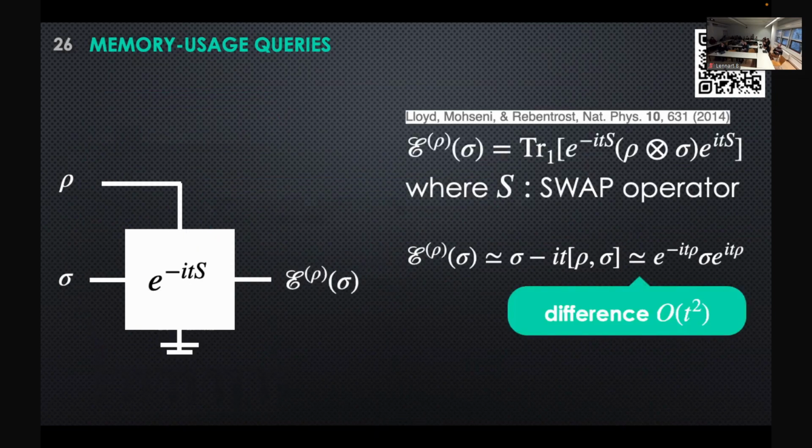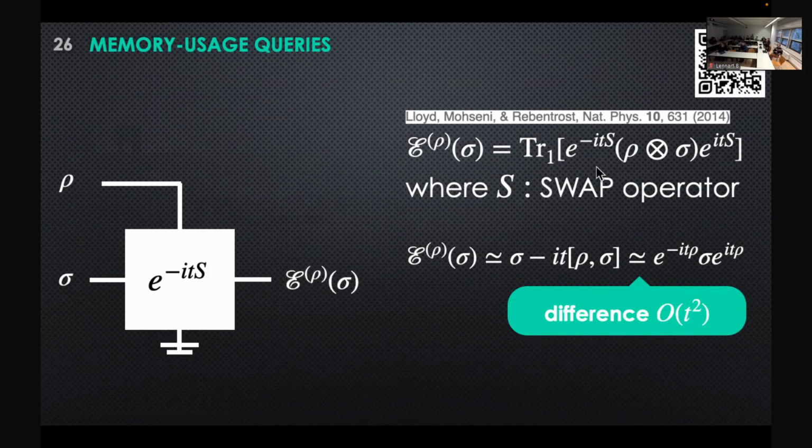This was introduced in 2014, and this is called density matrix exponentiation, because at the end, it approximates the evolution by the density matrix exponentiated. Here we input the working state and the memory state, and the fixed operation that is oblivious to memory and the working state is the exponential of the swap operator, where S is this swap.